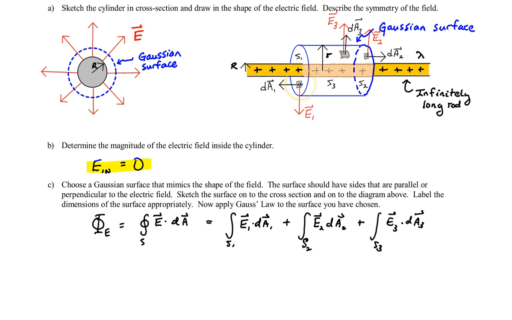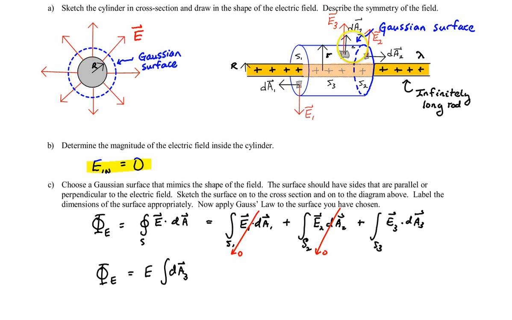So hence, the flux through surface 1 is 0, and the flux through surface 2 is 0, and really all we need to concentrate on is the flux through this cylindrical wall. So the total net flux is really equal to the electric field, which is constant along this cylindrical wall, multiplied by the integral of dA3. So really this is the area of this cylindrical wall.